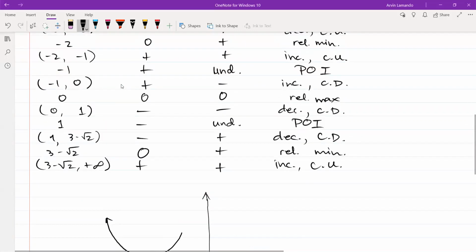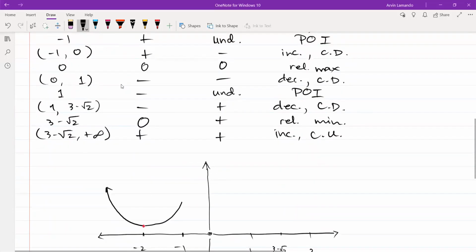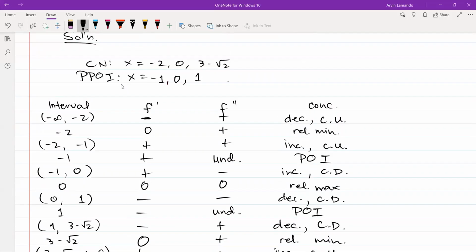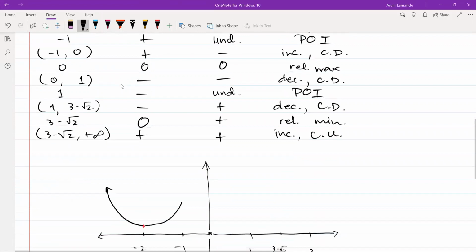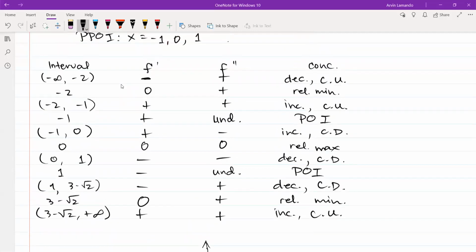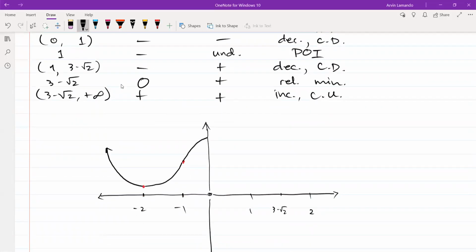At x equals negative 1, you have a point of inflection, and from negative 1 to 0, it's increasing and it concaves downwards. So you have a point of inflection around here. And then it's still increasing, but it concaves downwards. You have a relative maximum at x equals 0.